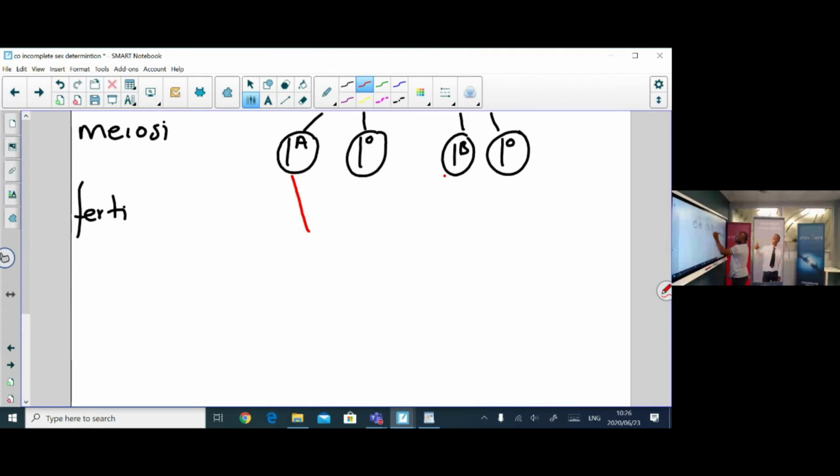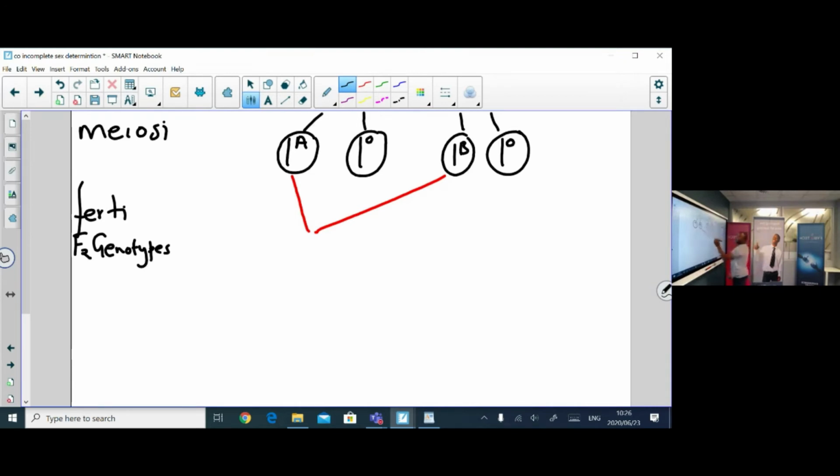This one can combine with this one to give me the F2 genotype.